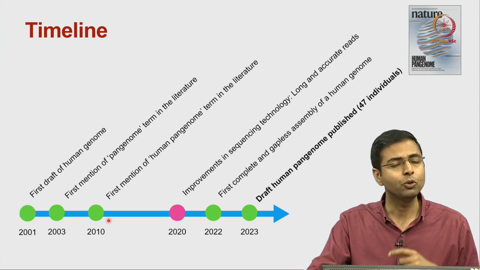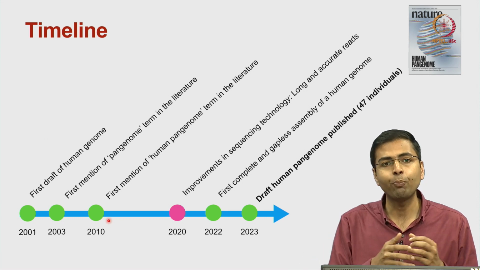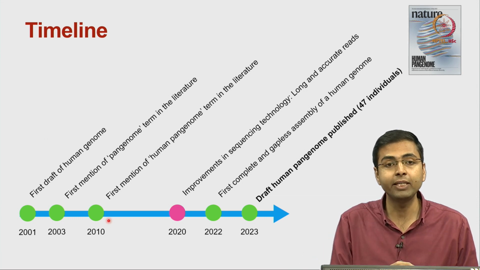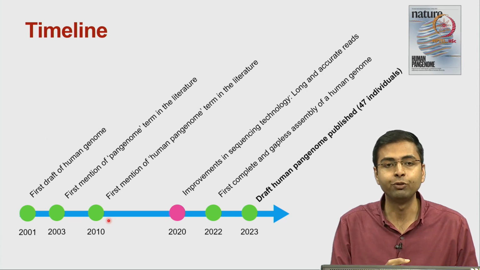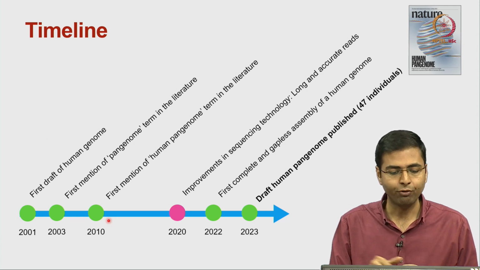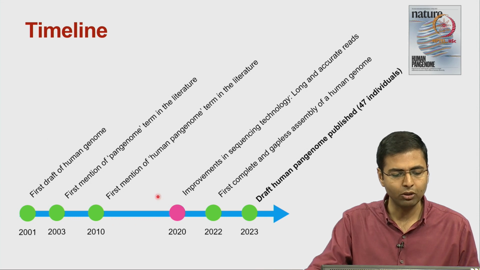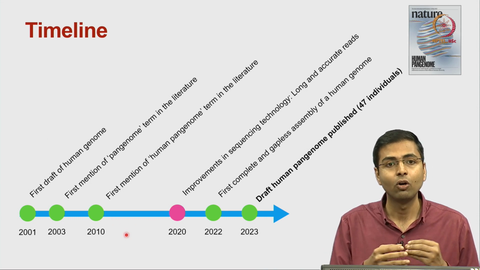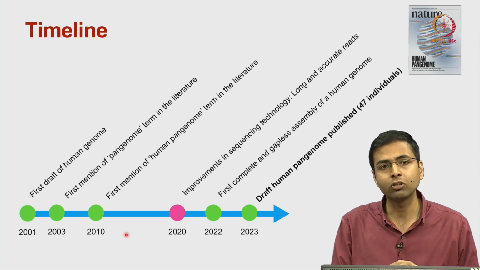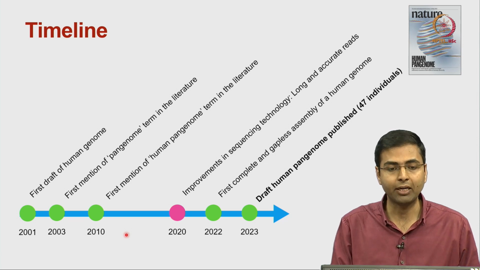However, as you can imagine, to do a proper pangenome analysis, we also need high quality genome sequences of individuals, and for a long time it was not possible to get high quality genome reconstruction of human genomes because of the limitations in sequencing technologies.